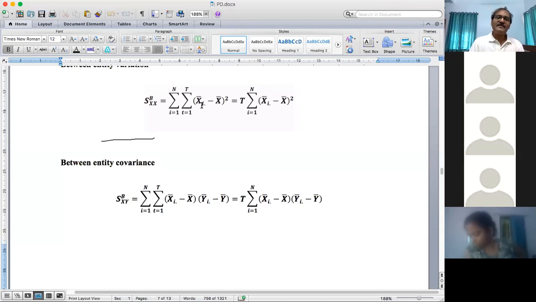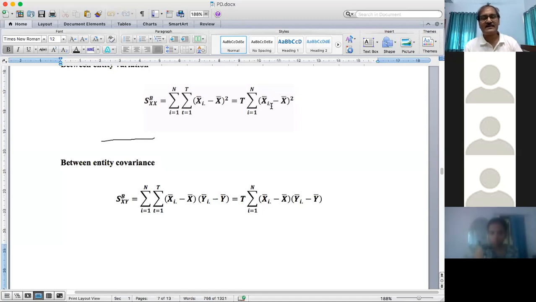Because over time, this measure is a constant. If we take a sum of a constant value, it will be equal to the number of times that value appears. So how many times does x bar i dot minus x bar appear in your sample? T times. For that reason, we have multiplied this sum by T, because this square appears T times, and this square is time invariant.